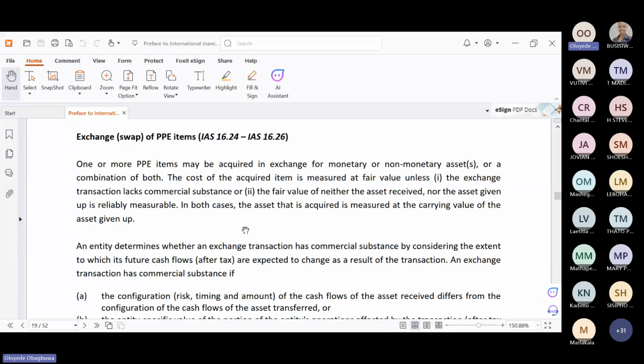What is commercial substance? If the exchange is not going to add any reasonable value to what you have before. If you are exchanging an item that has maybe the same value, the same condition, it's not adding any value to you.